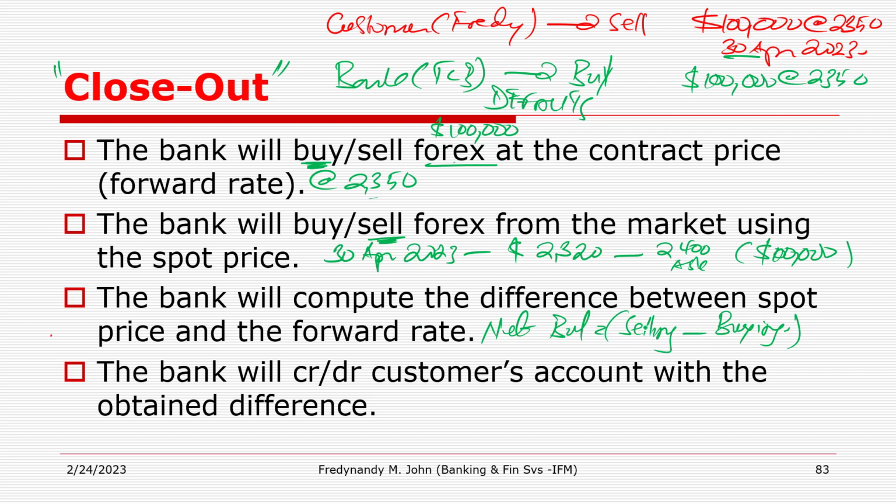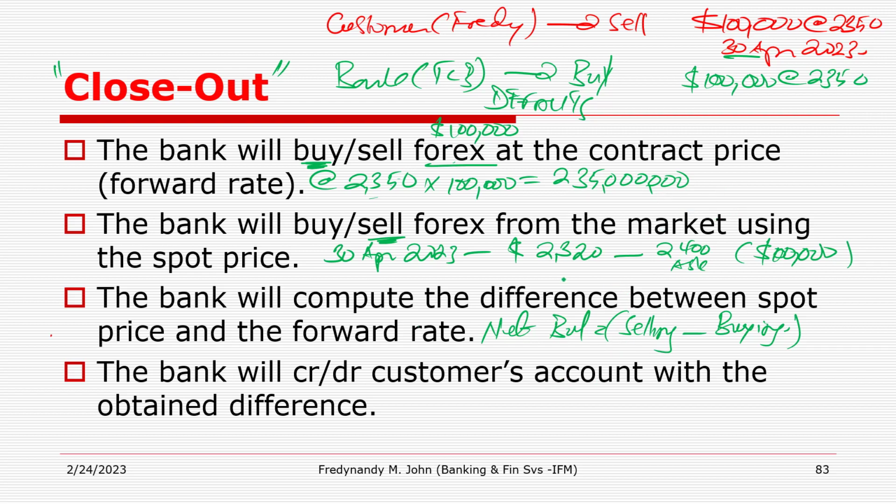For example, if the bank will buy 100,000 at this rate, we have to multiply this rate by 100,000, right? So we're going to end up with 235,000,000. That will be the buying.